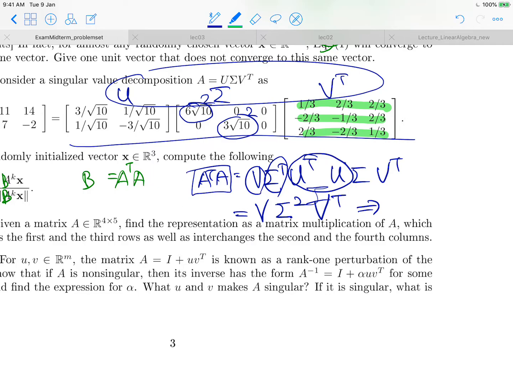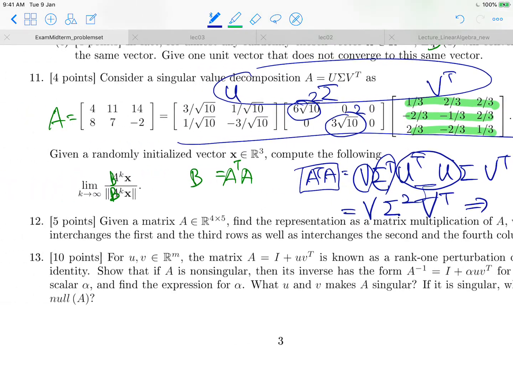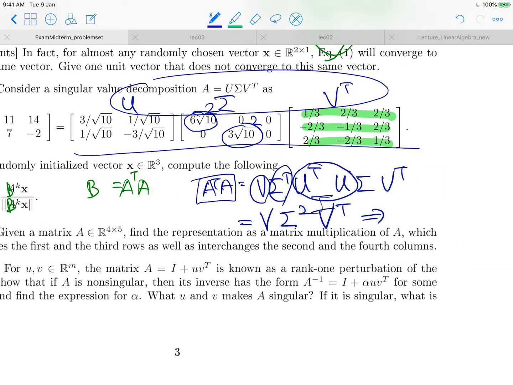So what will be our resulting vector after this power iteration? It will be the first one, right? So this guy is associated with the largest eigenvalue, with this guy. So the resulting vector is like this.